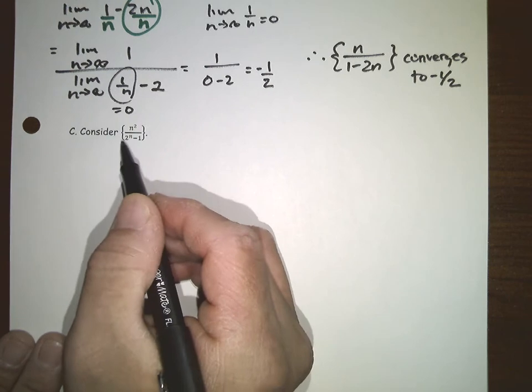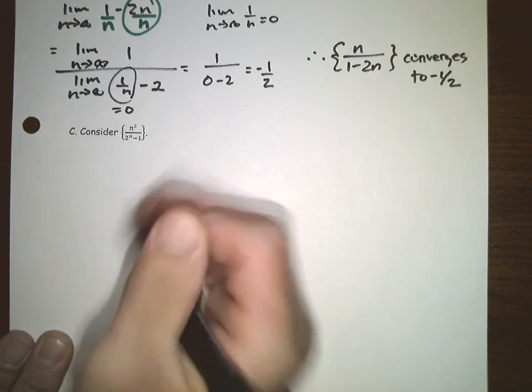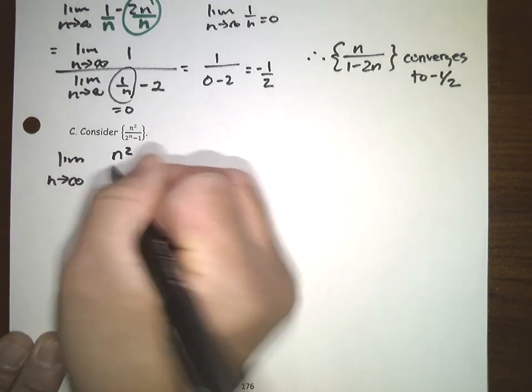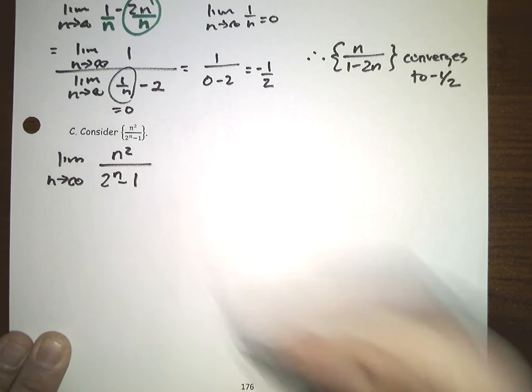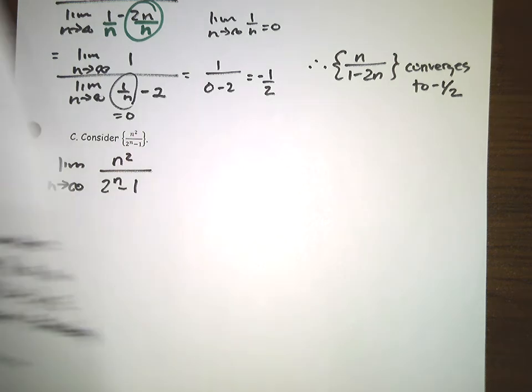All right, so now let's consider the sequence of n squared over 2 to the n minus 1. So we want to find the limit as n goes to infinity of n squared over 2 to the n minus 1. So generally, if I want to do this, I want to make sure that I follow this rule here that we're actually talking about sequences here.